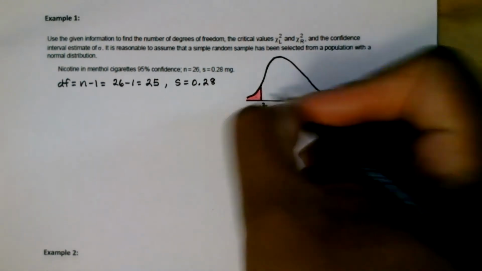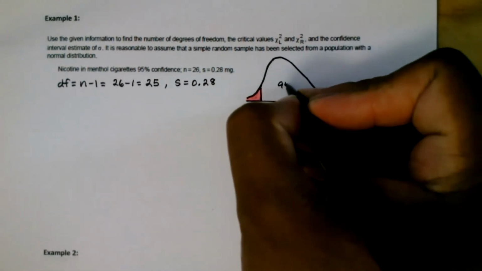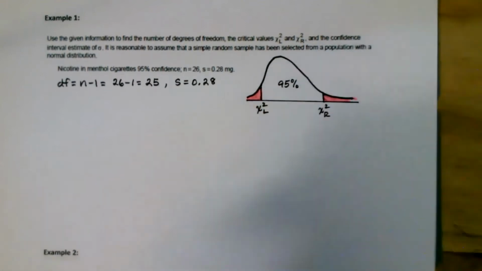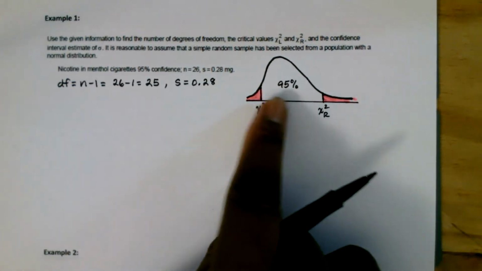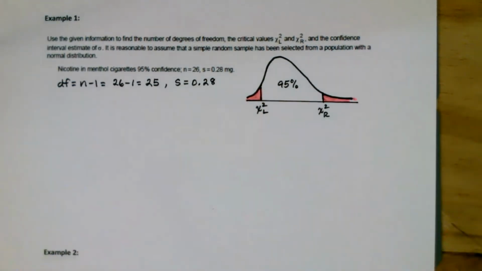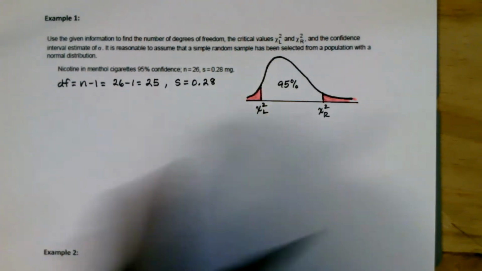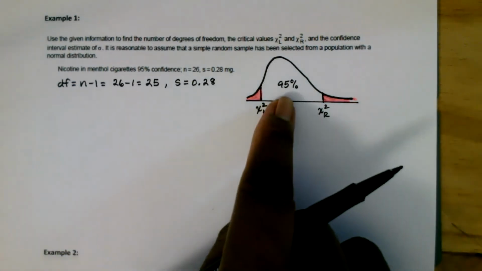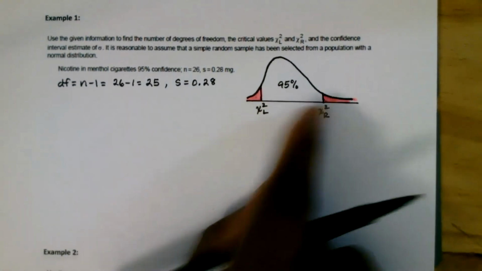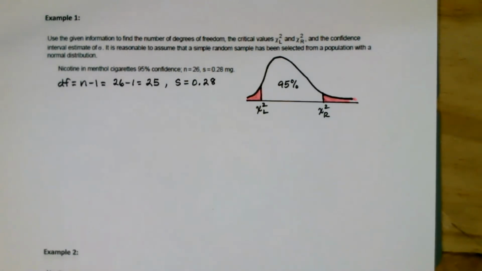The 95% in this curve is in the center. That's always going to be like that when we're doing a confidence interval. Your confidence level will be in the center. The shaded areas represent the remaining part of that curve. Keep in mind, the area under the curve is 100%. So if this is 95%, these two shaded areas represent the remaining 5%, split evenly.